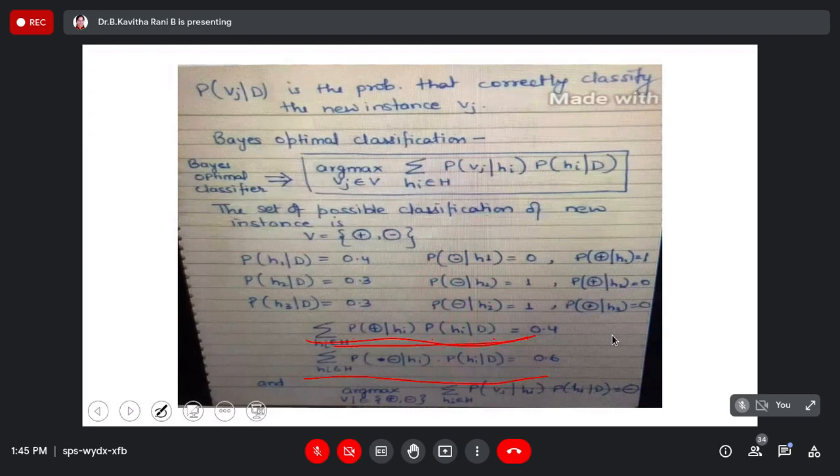From the above values, P of positive Hi, H1, what is the value we have? 1. So 1 into 0.4. So that is equal to we will be getting 0.4.